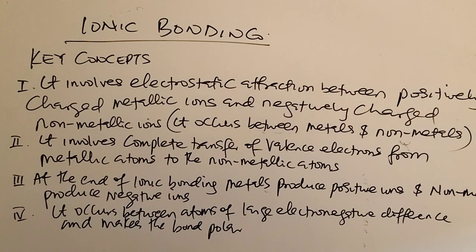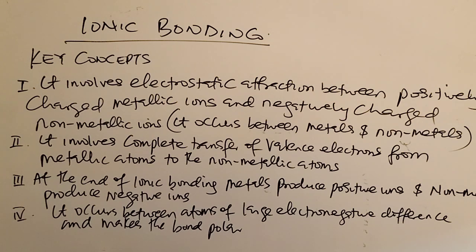Number 2, it involves complete transfer of valence electrons from metallic atoms to the non-metallic atoms. So during ionic bonding, the metal will transfer its valence electrons to the non-metal.